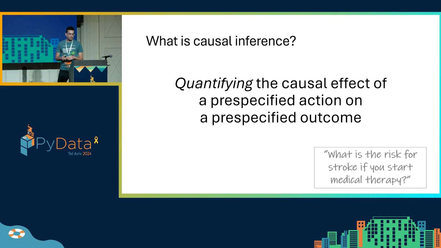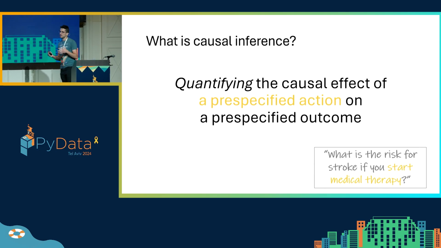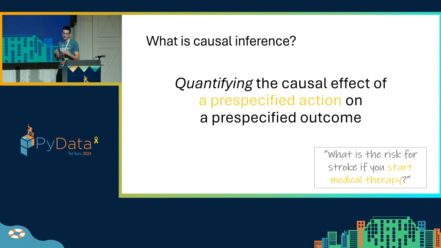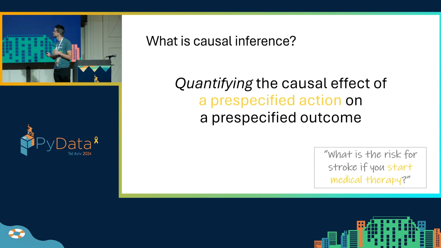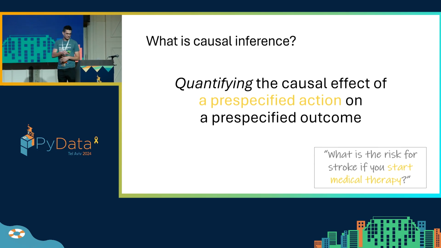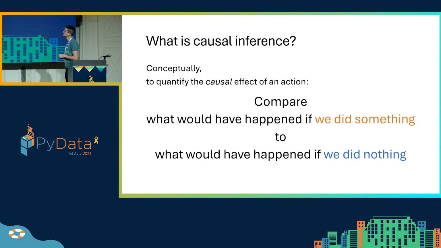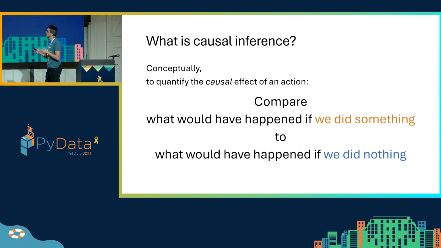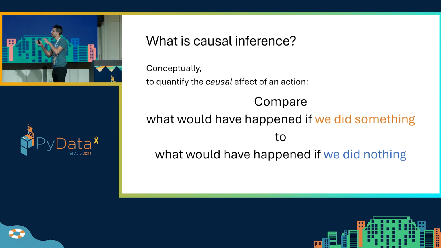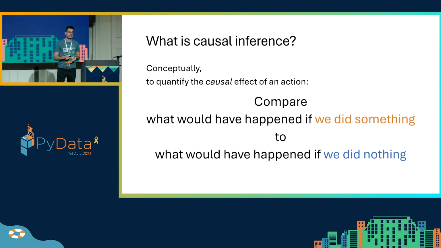So causal inference is about quantifying the causal effect of a pre-specified action that is of interest on a pre-specified outcome that we care about. And conceptually, to do that, we will need to compare what would have happened if we did something to what would have happened if we did nothing.